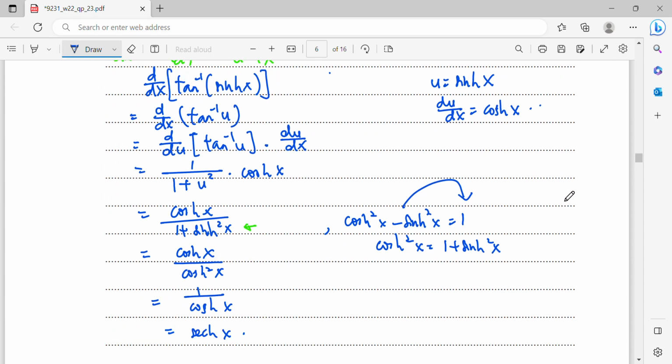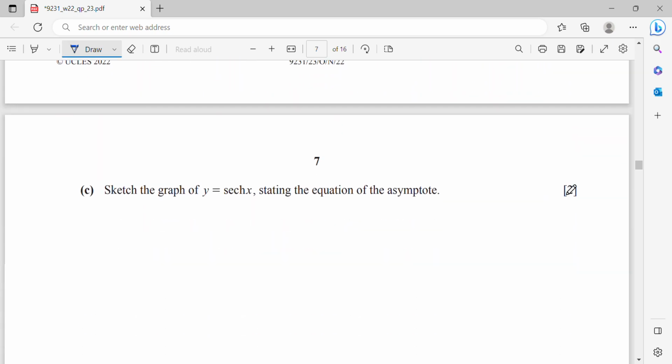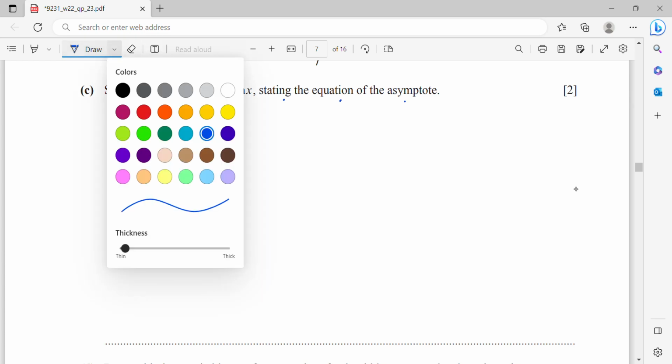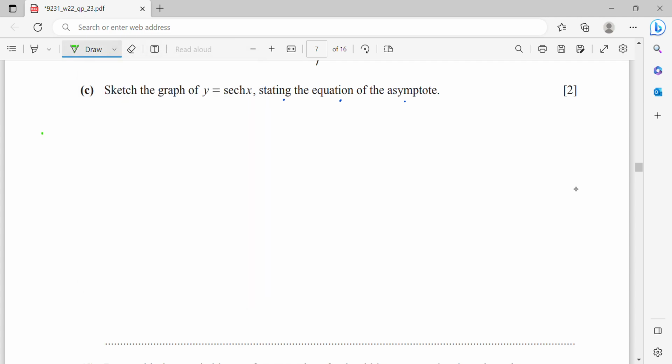Right? So now, C, sketch a graph of y equals hyperbolic secant x, stating the equation of the asymptote. Just for your information, we know that hyperbolic secant x is 1 over hyperbolic cos x. So for the cos x, if you still remember, this is the working, the guideline. It's not yet the graph.